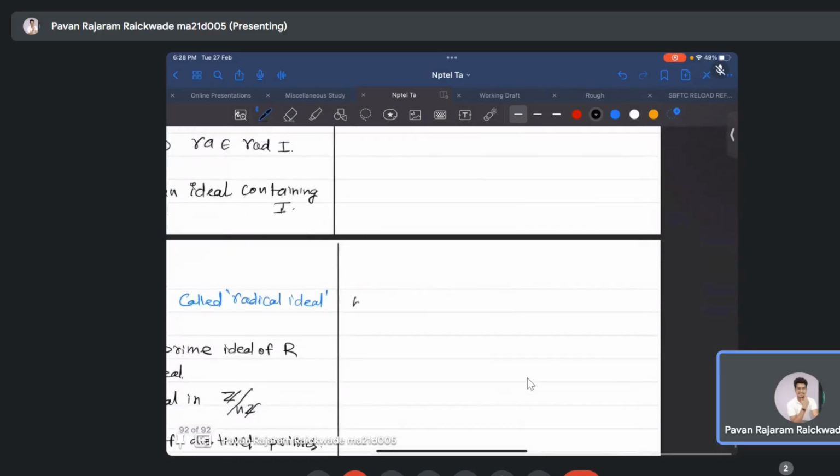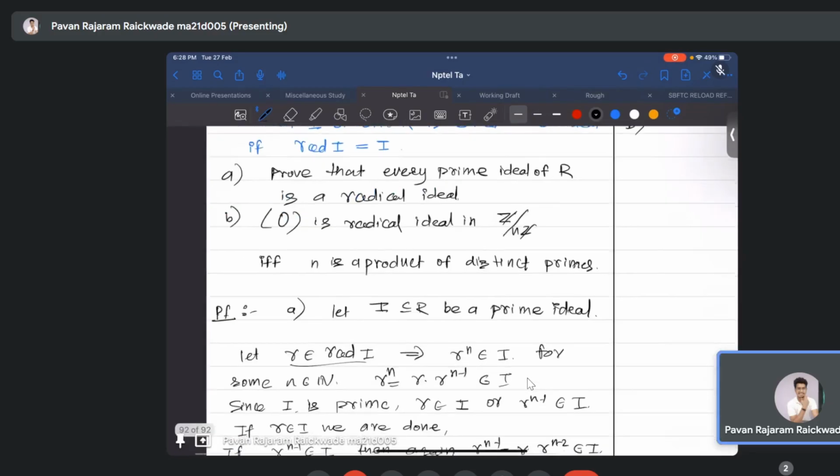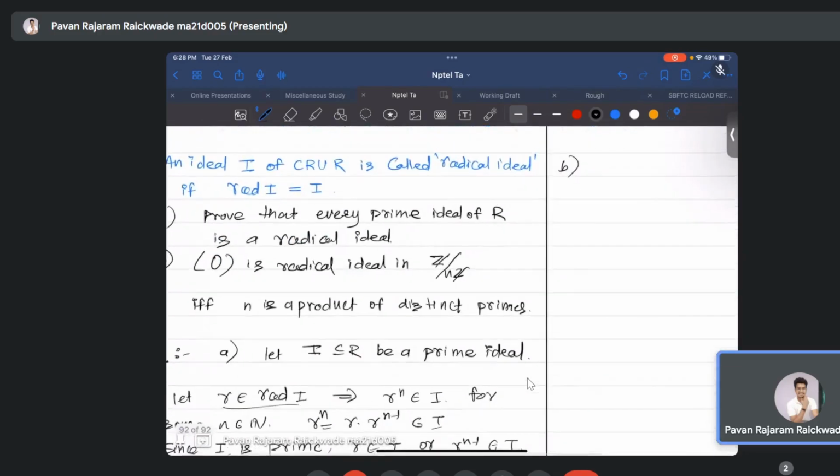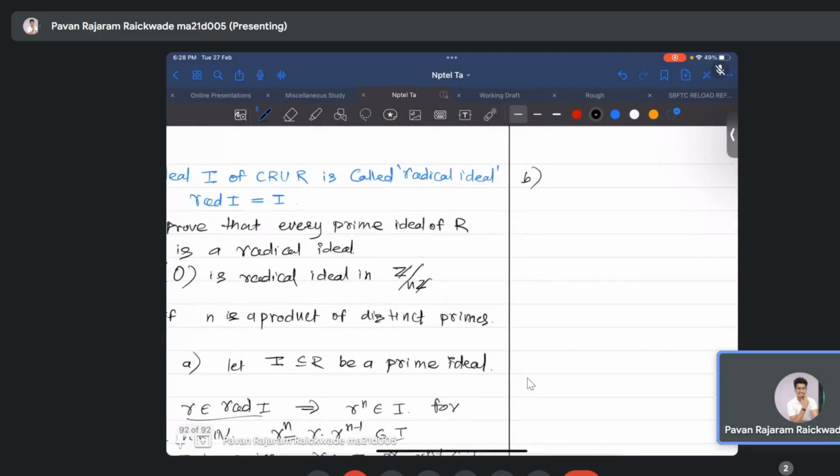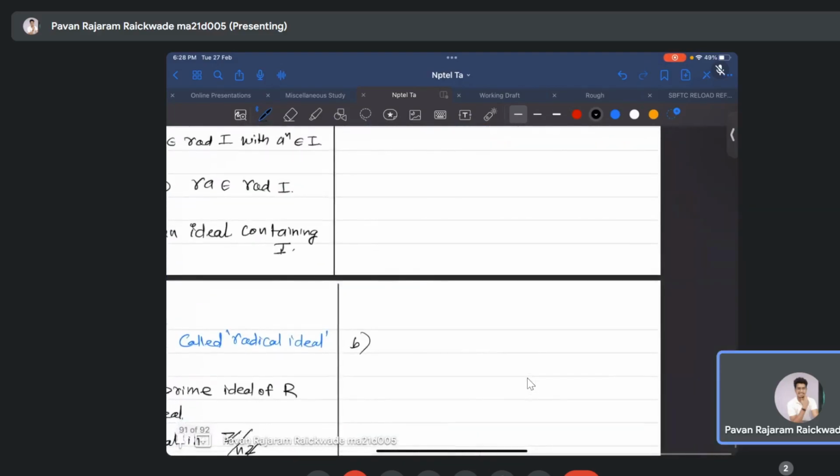Now the question is you have to show that the singleton 0 is a radical ideal if and only if n is a product of distinct primes. Okay, so what is the radical ideal of 0?